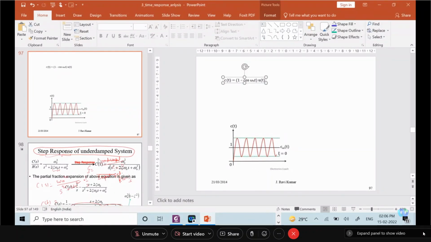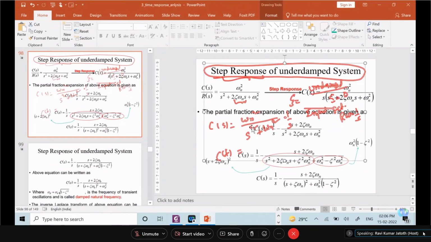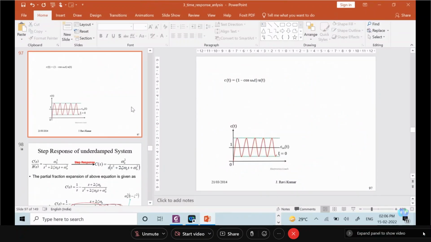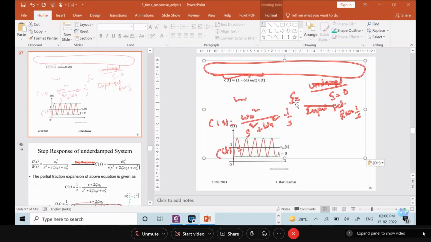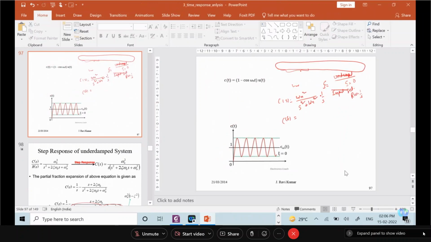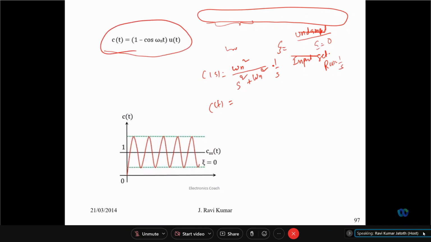The C of t here in this case, when it is the undamped case, we are going to get the response C of t as 1 minus cos omega n t for various values of t.